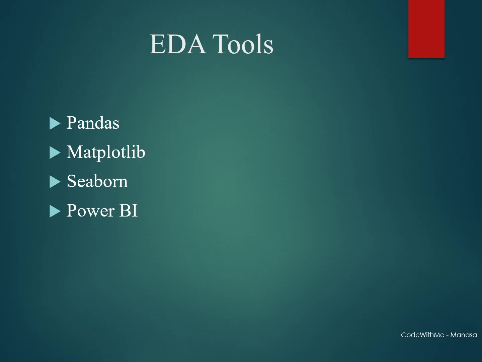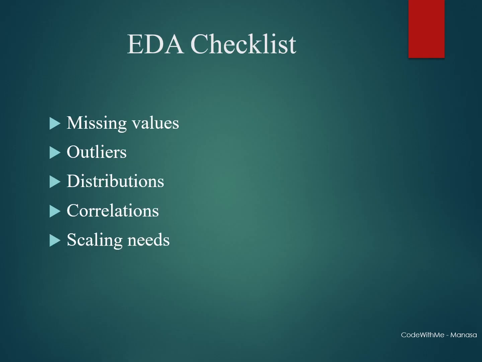So let's see the EDA checklist. When performing EDA on any dataset, follow this checklist. If you want to perform any EDA, exploratory data analysis, on any dataset, follow this checklist. First, handle missing values, and next check for outliers and study distributions.